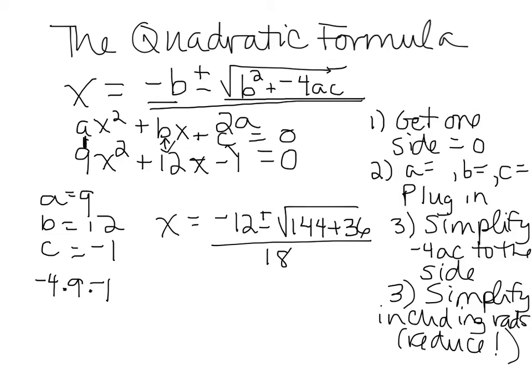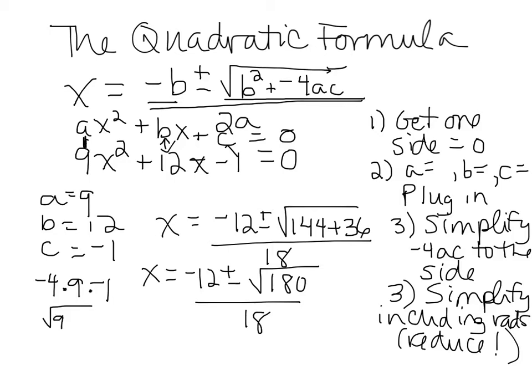Okay? So we've got x is equal to negative 12 plus or minus 144 plus 36 is 180, so that's root 180 over 18. Now I'm going to do root 180 over here. I know that's 9 times 20, and 20 is 4 times 5. So this is 3 times 2, 6 root 5. So my answer here is negative 12 plus or minus 6 root 5 over 18.